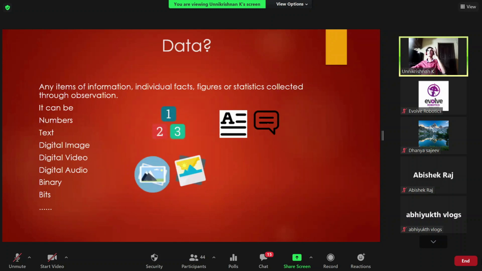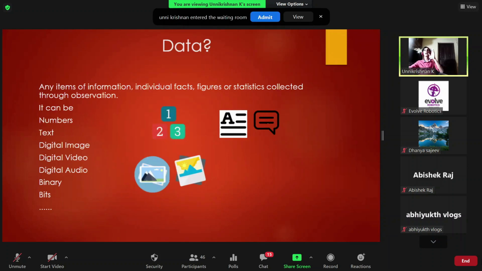An image is actually a collection of a large amount of data. We know that the human body is made up of many minute particles called cells, right? Similarly, an image is made up of many tiny particles called pixels, and each of these pixels has some data in it.